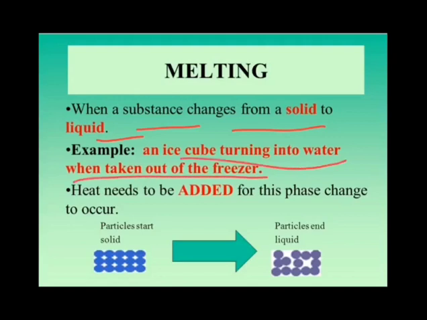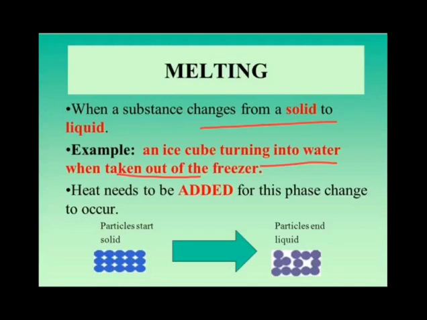If we want to change the solid state of matter into the liquid state, we just keep the ice cubes out of the freezer for some time at room temperature, and after some time these ice cubes turn into water again.